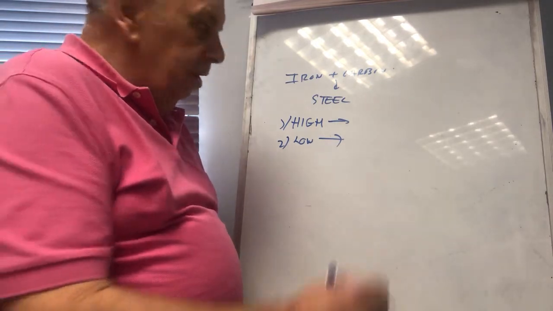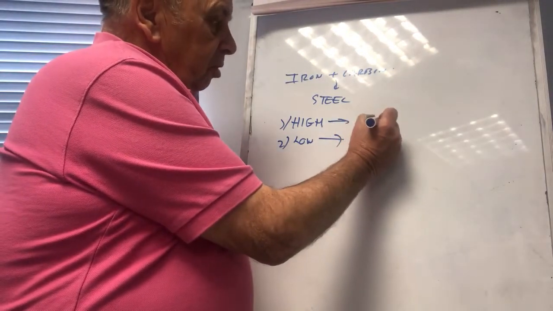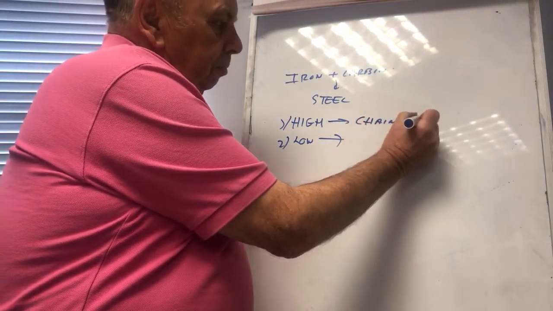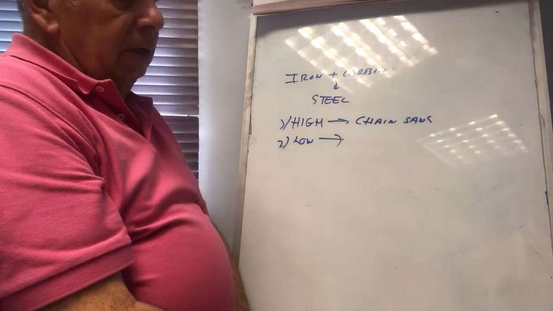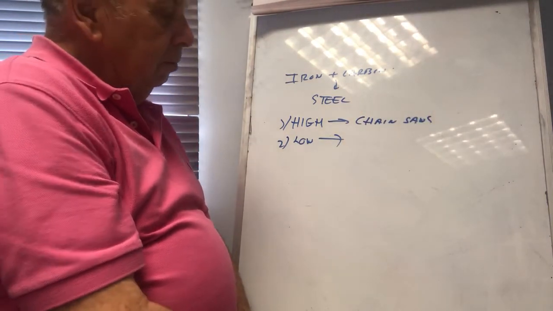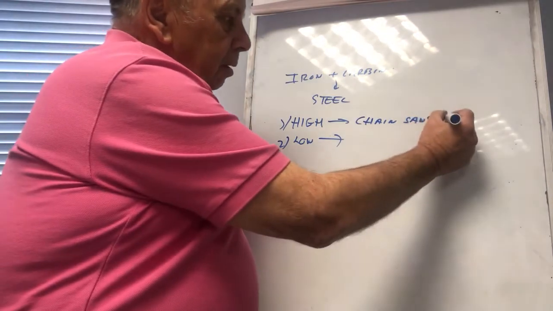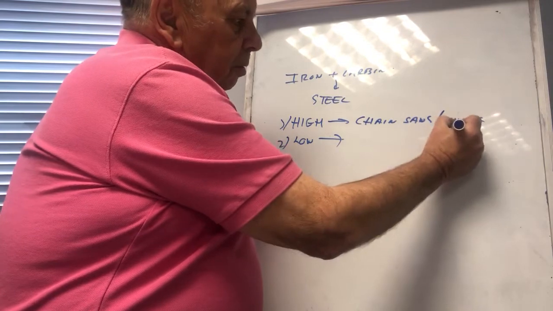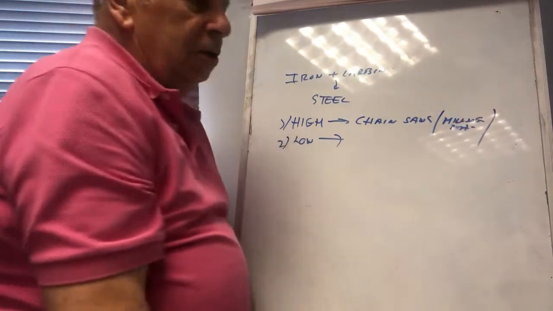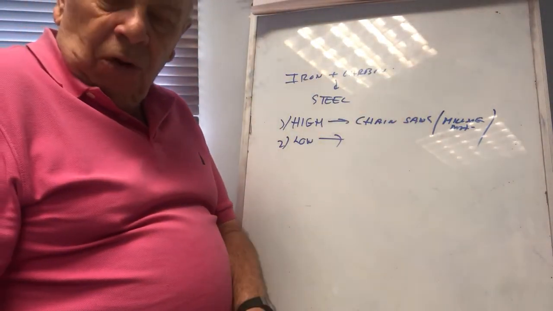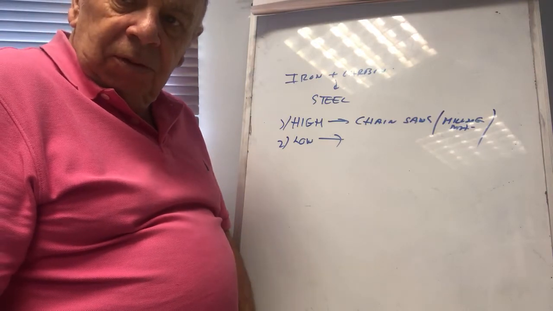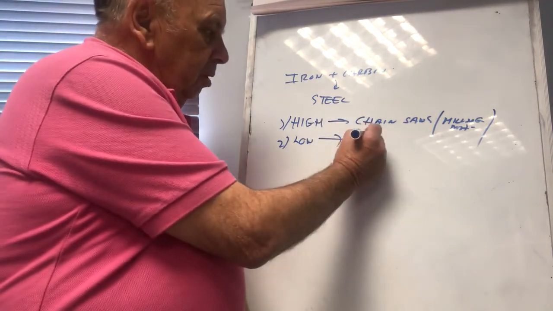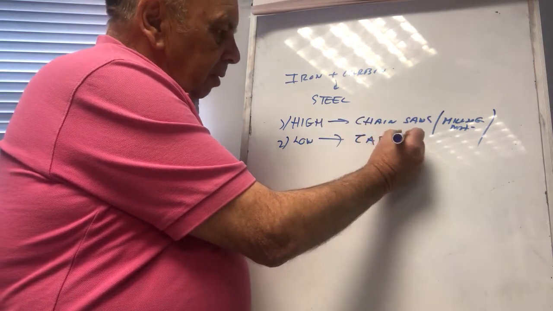They're used in things like steels for chainsaws, milling machines, etc. Whereas low carbon steels are not that strong, they're more flexible, so they can be used in the car industry.